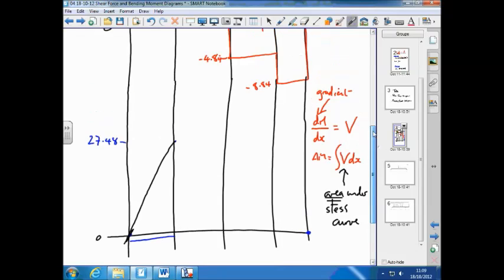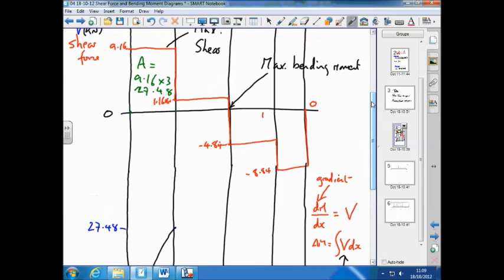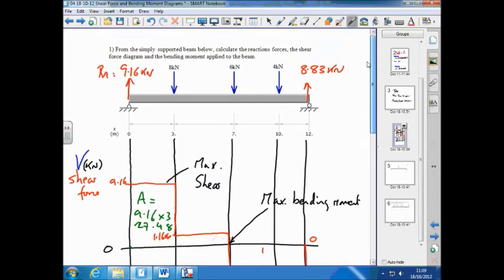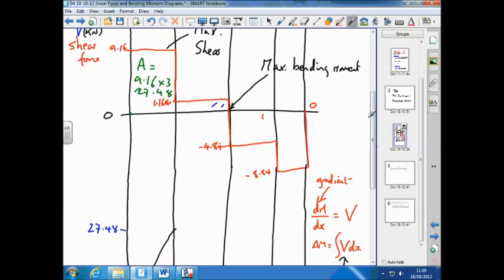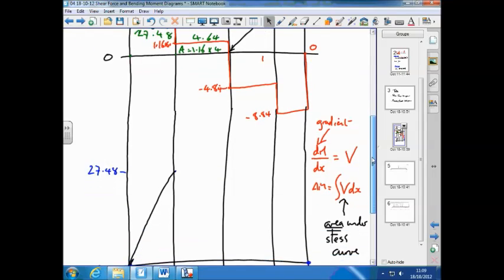And then this area is added on. So this moment now is the area underneath here, which is 1.16 times the distance, which is 4. So 1.16 times 4 is 4.64. And so I've got to add another 4.64 onto here.